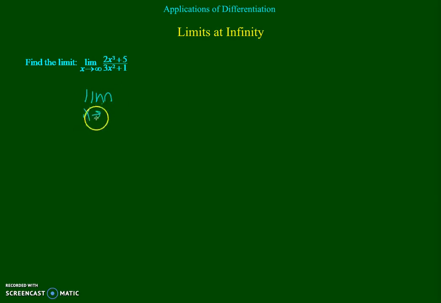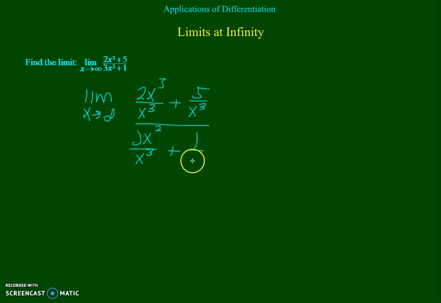As x approaches infinity, of 2x to the third over x to the third plus 5 over x to the third, over 3x squared over x to the third plus 1 over x to the third.